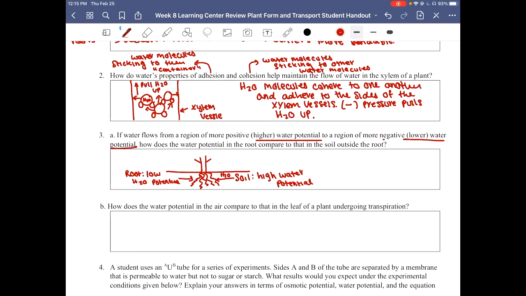Transpiration is the leaves evaporating their water molecules. So it's saying the air potential is low. Yes, that is exactly right. If transpiration is occurring, then air must have a lower water potential than leaves.